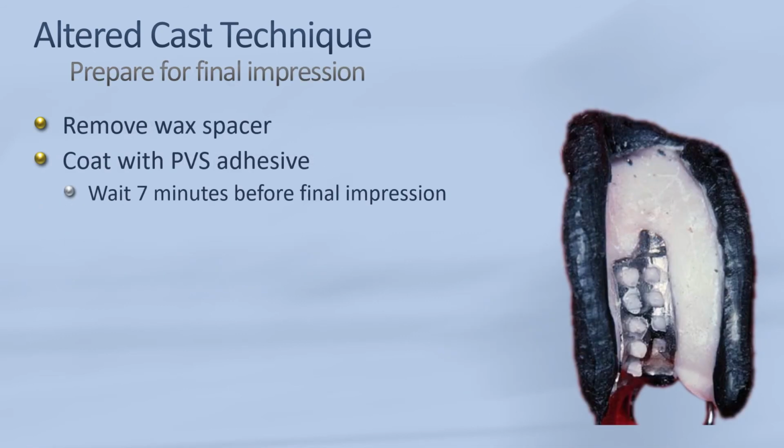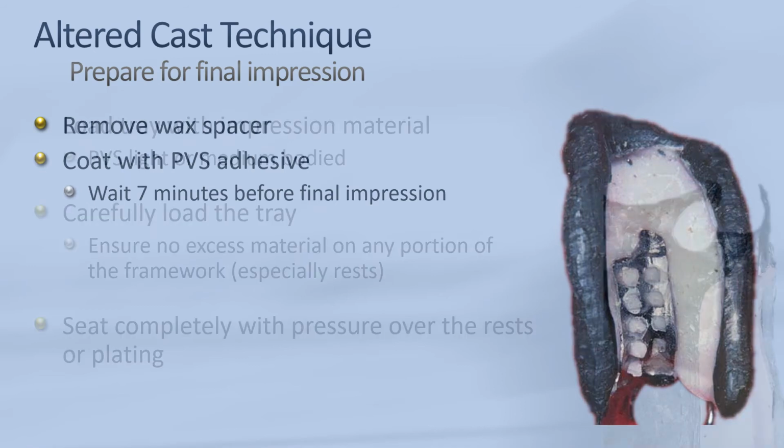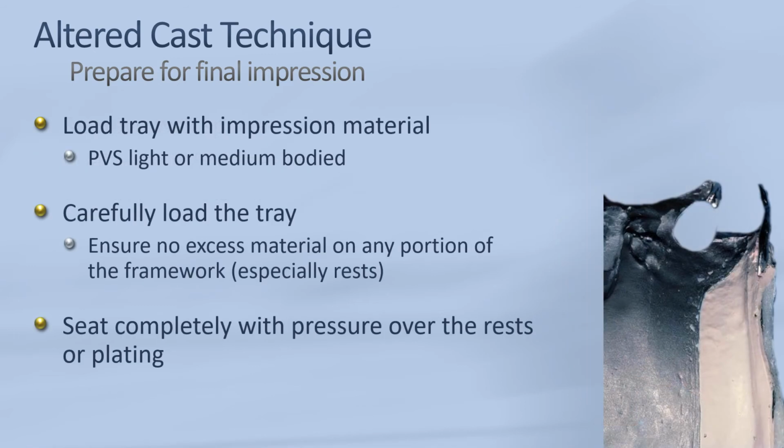Once the border molding is completed, we could remove the wax spacer, coat the tray with adhesive, and then we are ready to take the final impression for the altered cast technique. We will load the tray with the impression material of choice.